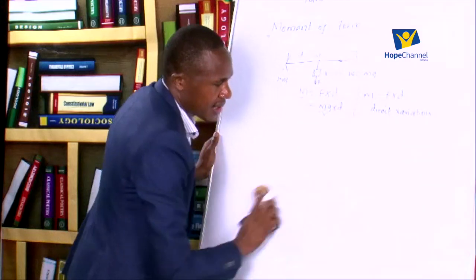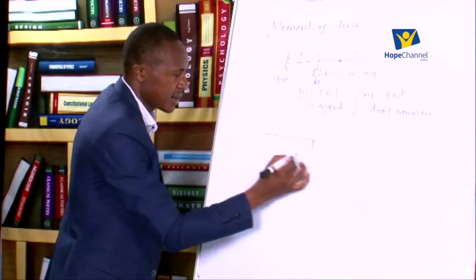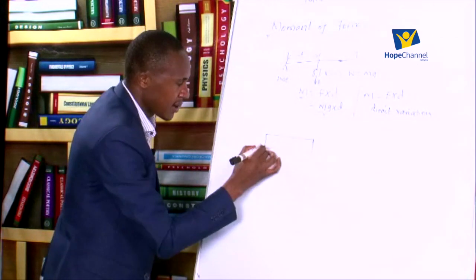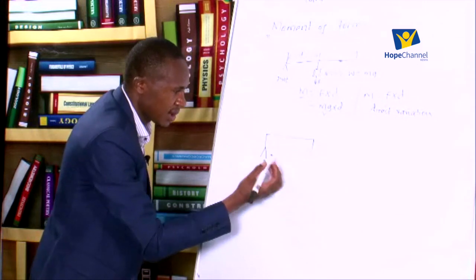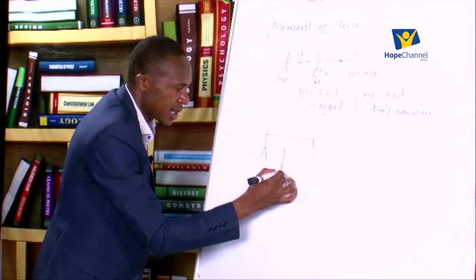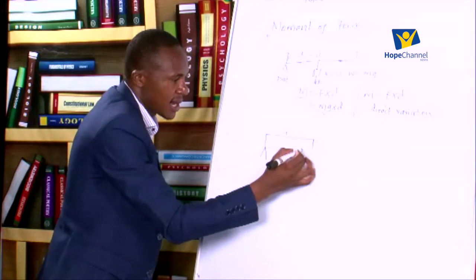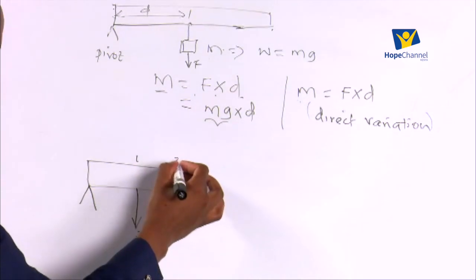Suppose we have a force of, say, 2 newtons, and an object which is pivoted here. We have the force of 2 newtons acting downwards at that position, say 0.1, and the same 2 newtons acting at 0.2.